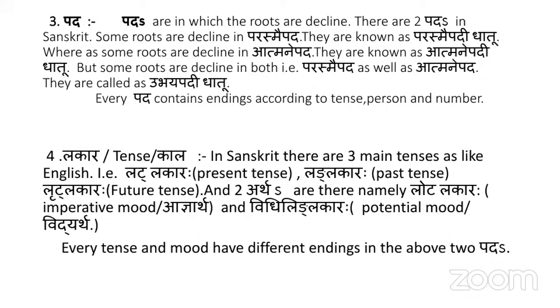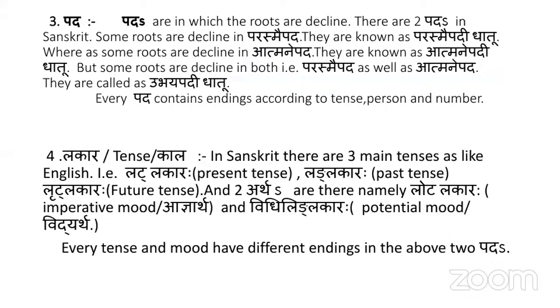There are two padas in Sanskrit. Some roots are declined in parasmay pada, right? They are known as parasmay padi dhatu. Whereas some roots are declined in atmane pada, so they are known as atmane padi dhatu. Titah, anti, sithah, tha, these are parasmay pada endings.